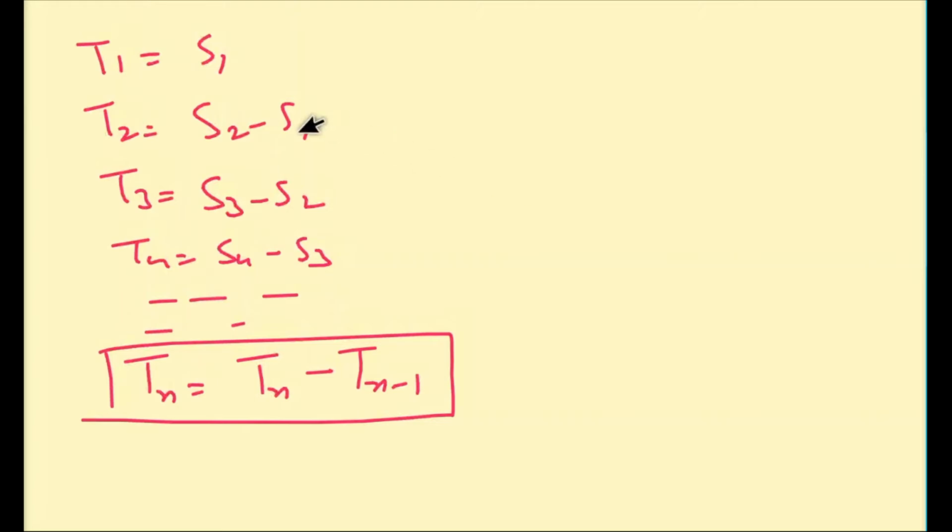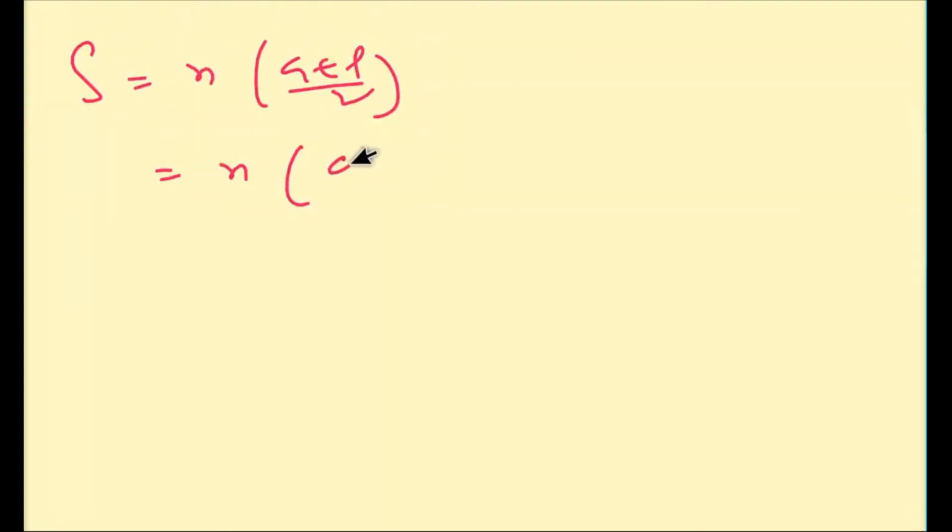So students, now I want to say that if we are using this formula n into (a plus l) by 2, we can write it as: n into the average of first and last term.